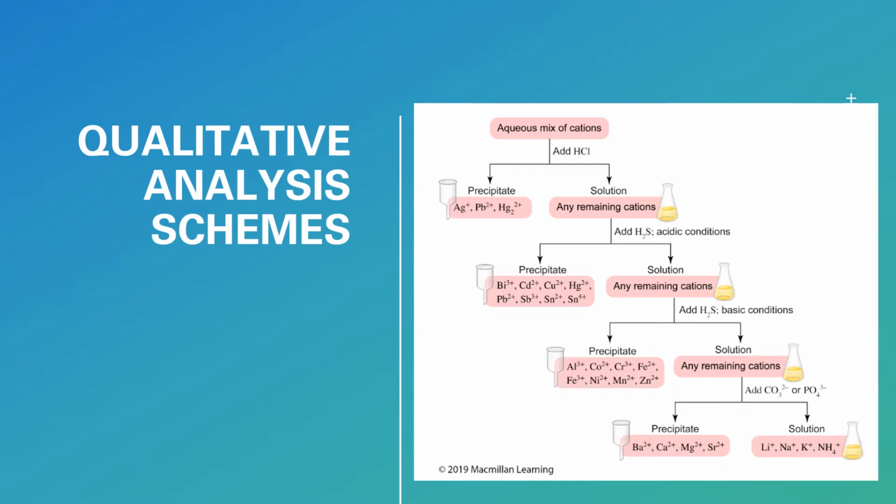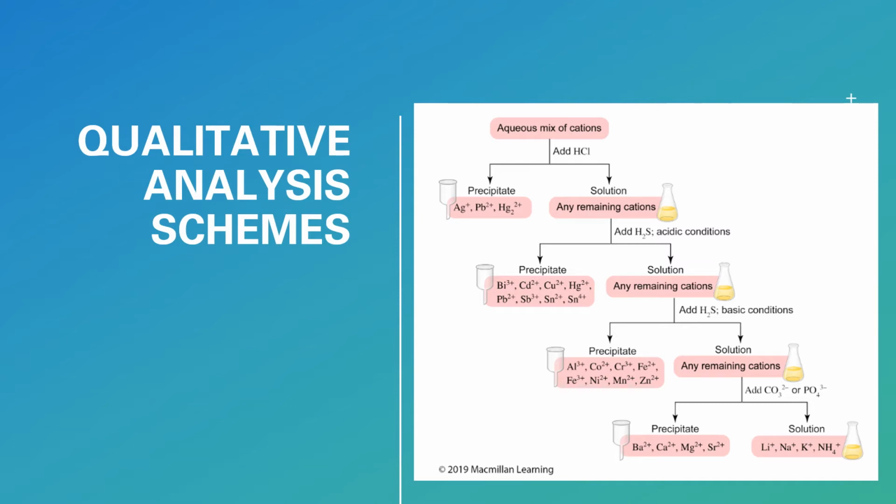One of the standard general chemistry labs is to give students a solution that contains a mixture of metal ions, and you have to identify which metal ions are present in that solution. And this qualitative analysis scheme shown in this flow chart is one way that that can be done.